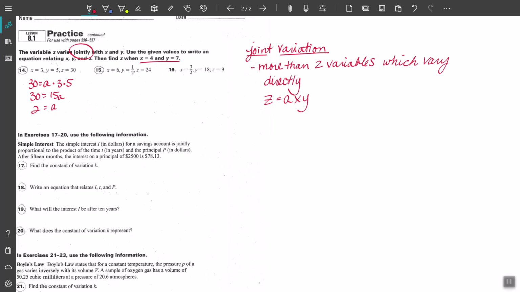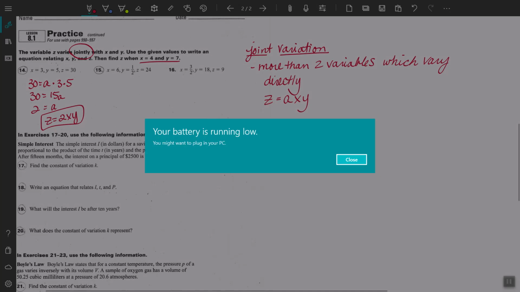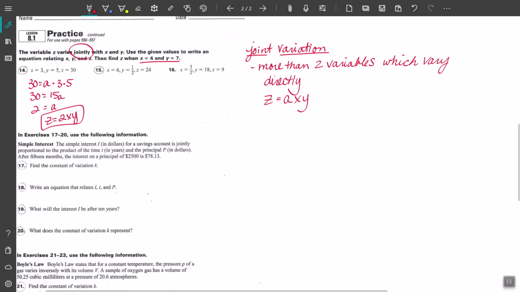Then I'm going to put that back into the formula, leaving z, x, and y open. We're just going to fill in a. So there's the equation, and now we use it to evaluate z when x is 4 and y is 7. So z equals 2 times 4 times 7, and in this particular set of values, z would be 56.